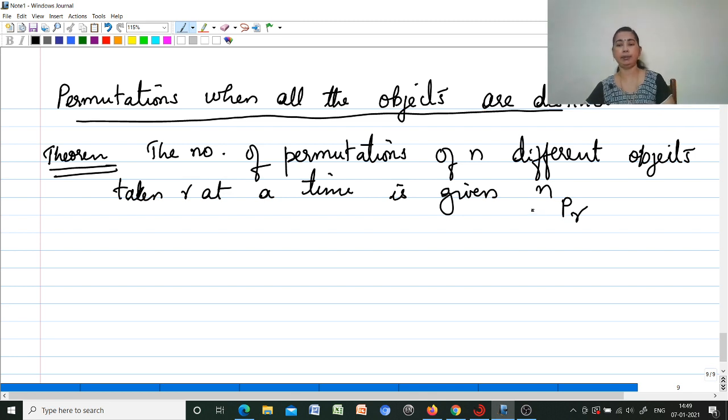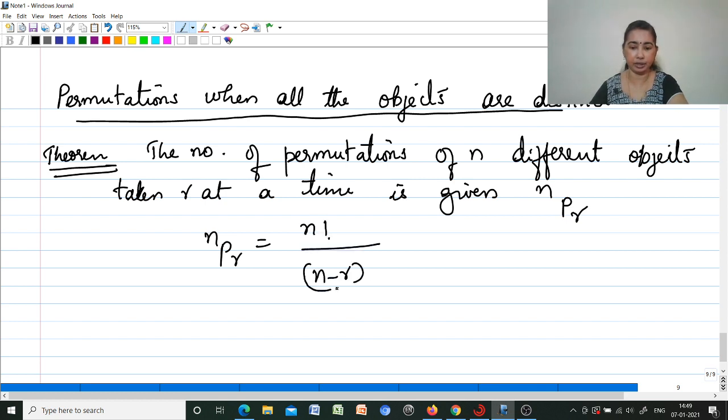And what is this nPr? n objects taken r at a time. P stands for permutation. And this nPr is n factorial by n minus r factorial, and the value of r lies between 0 and n.